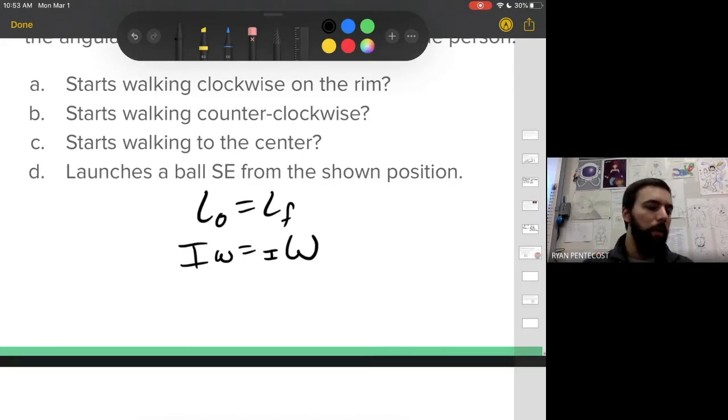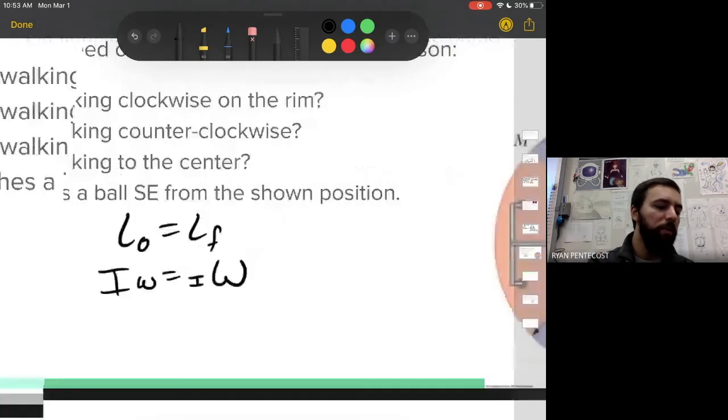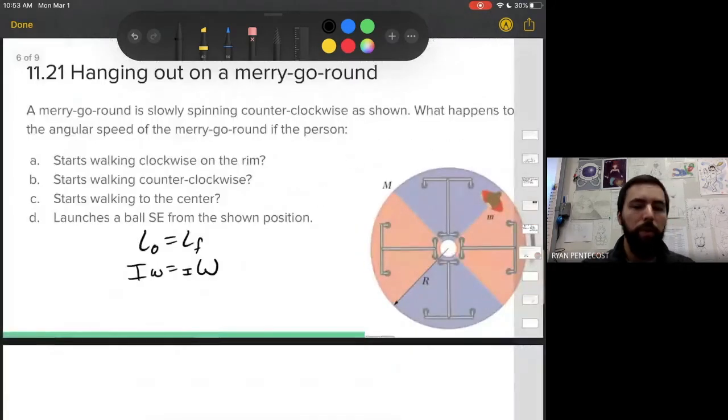Now, if the person launches a ball southeast from their shown position, the wheel would continue to move counterclockwise.